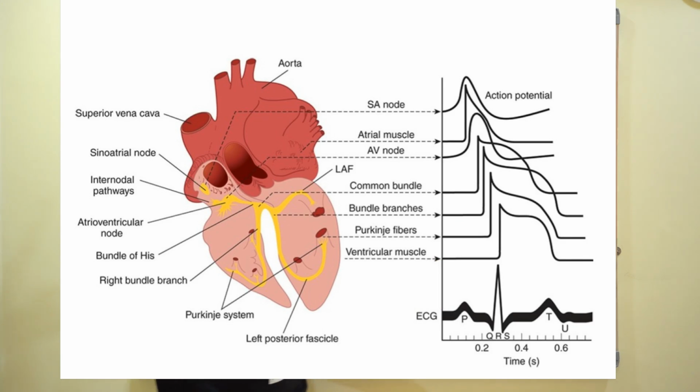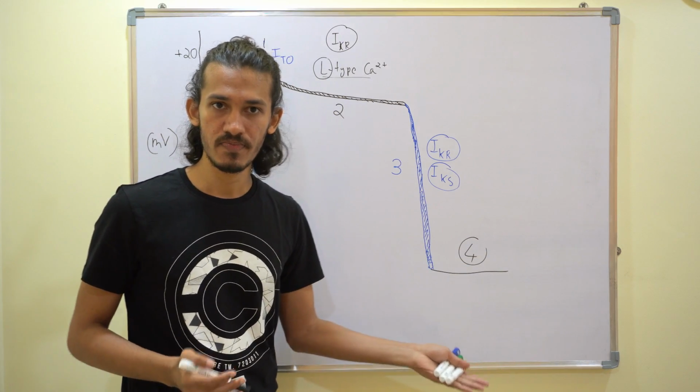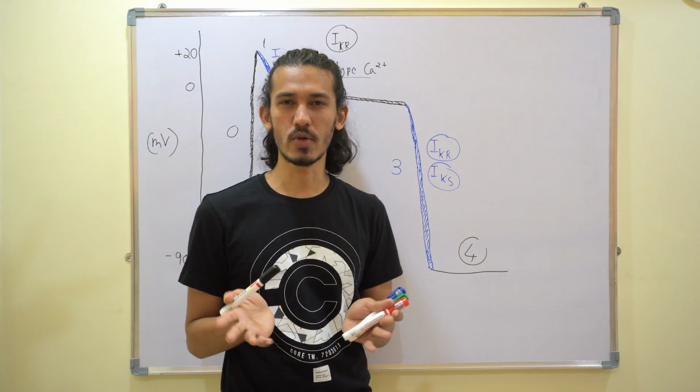So now, once we summate all these electrical potentials, you can see that the final waveform that we get is the ECG. You see that? Yes. So before we go on to ECG, there's one more thing you need to understand first.